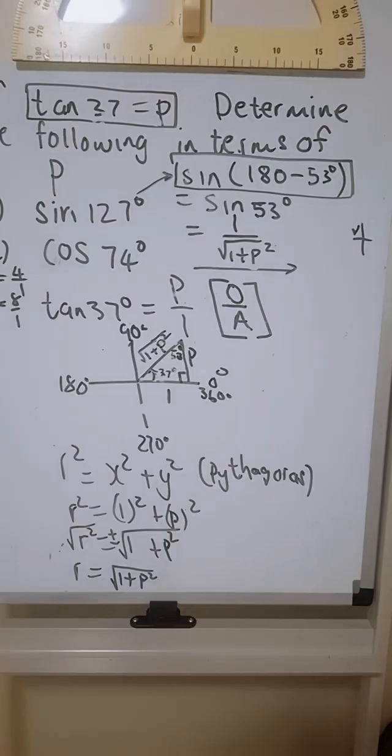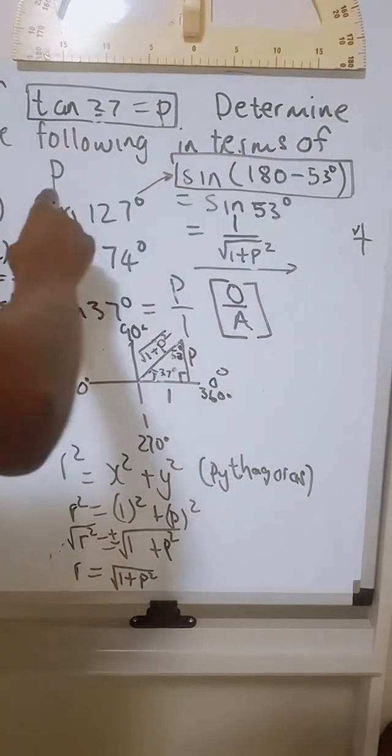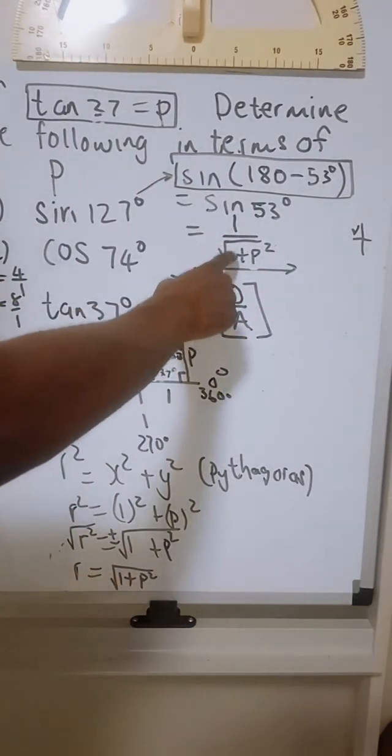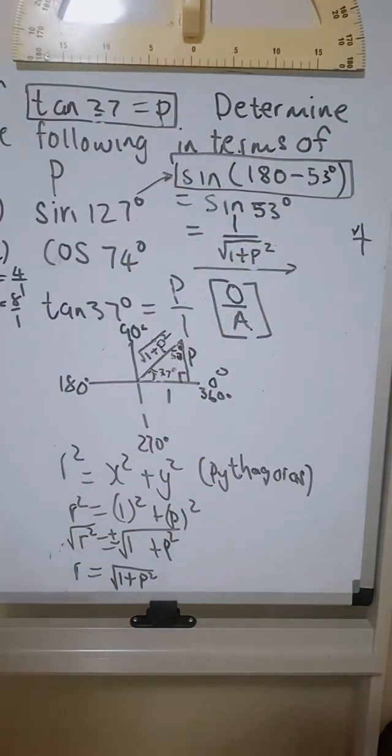Remember, obtuse is an angle between 90 and 180. Acute is an angle between 0 and 90. So we reduced our obtuse to acute and then expressed sine 53 degrees in terms of p. There it is, 1 over the square root of 1 plus p squared. So sine 127 is actually sine 53 degrees, which is 1 over the square root of 1 plus p squared.